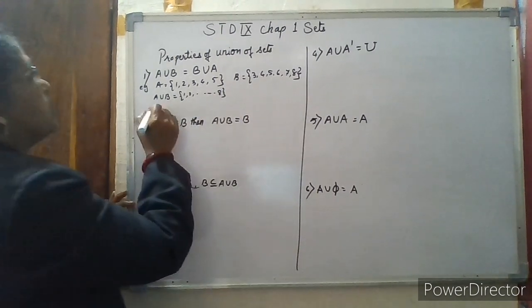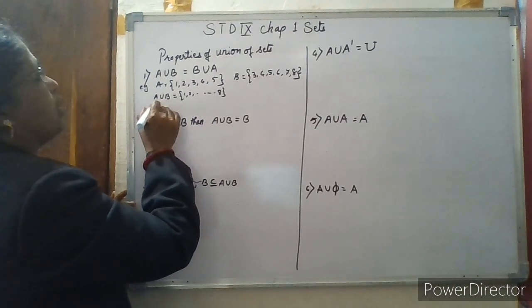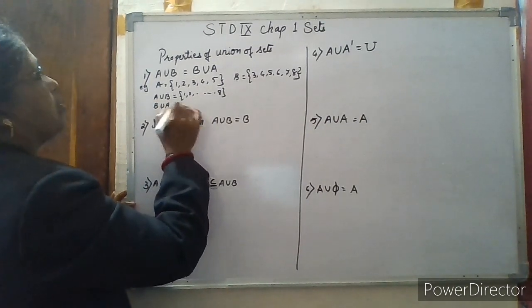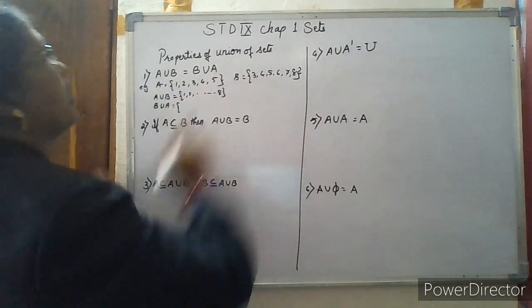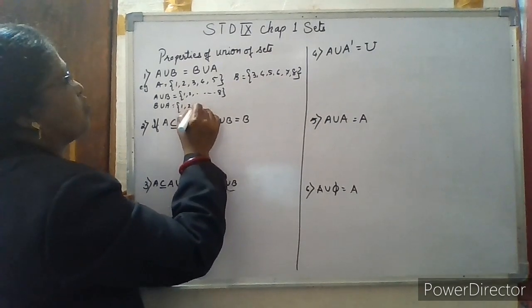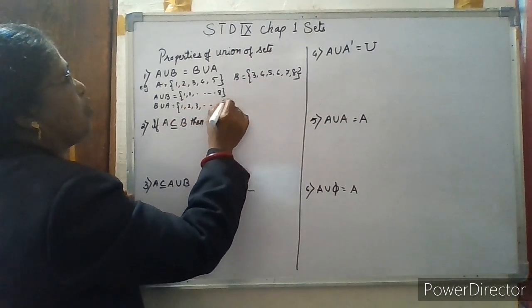Now this is B union A. Take all the elements of B and A, in the arranged form, again it will be 1, 2, 3 and so on up to 8.